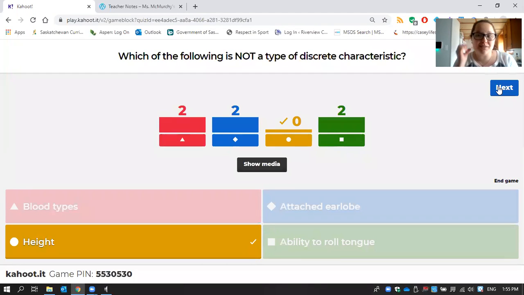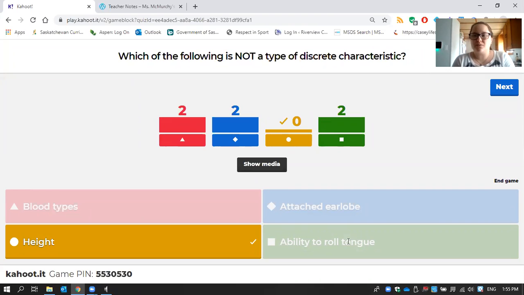Your attached earlobe is either attached or not. There's no in between. It either is or isn't. And your ability to roll your tongue, either you can or you can't. There's no in between there. That's also one way you can ask yourself if you have a discrete characteristic. Usually it's a, can you do it or can you not? It's usually a this or that, or is there only a set list?